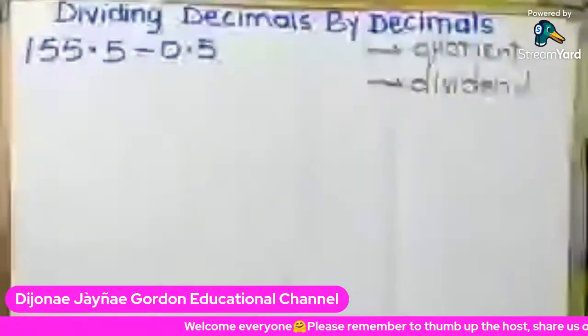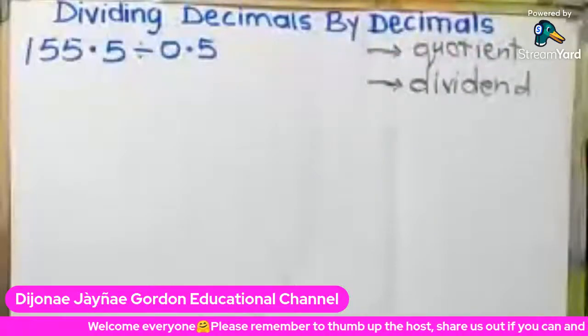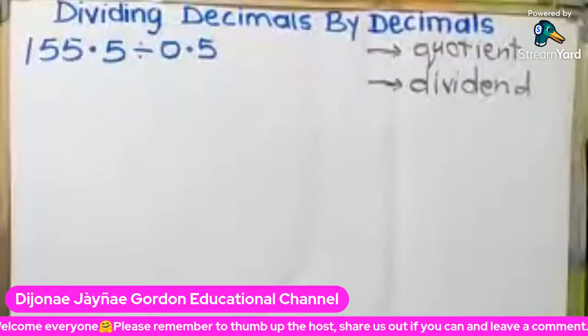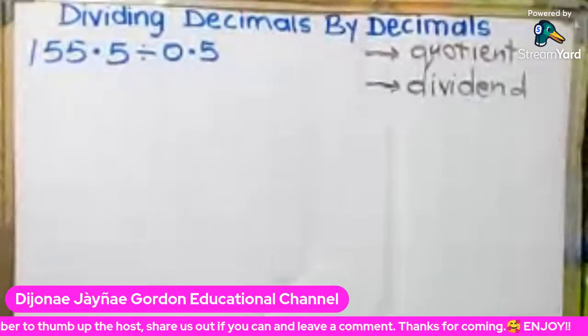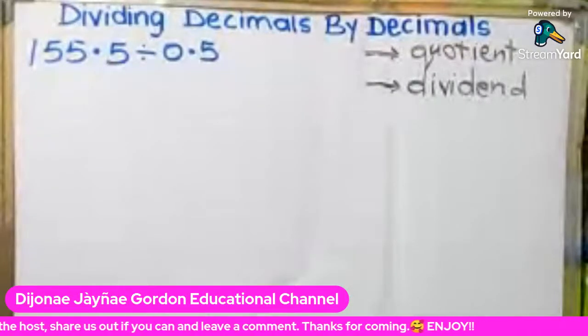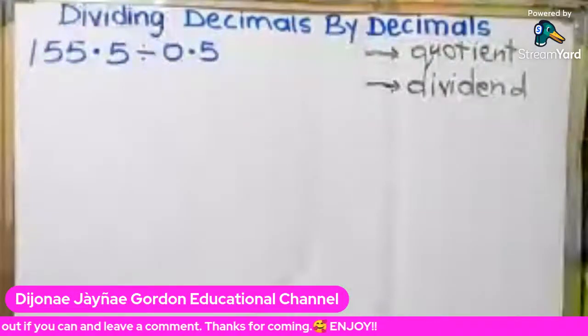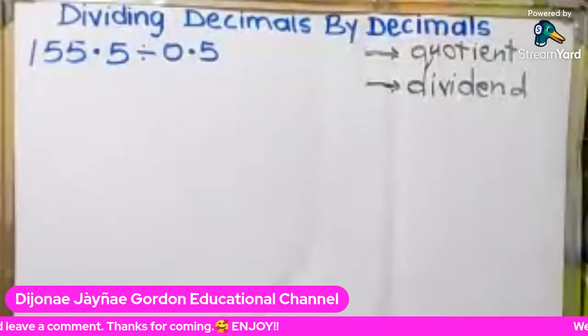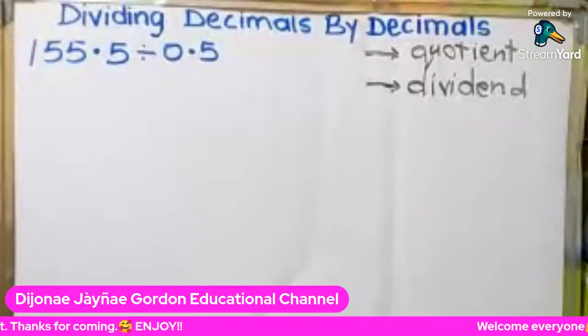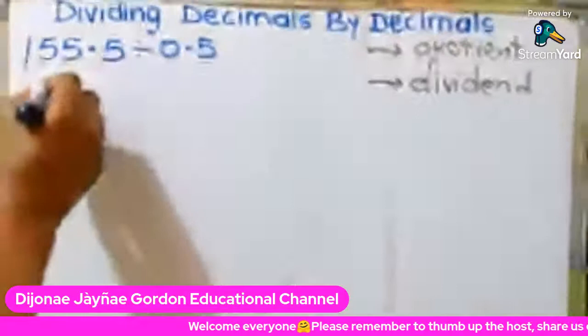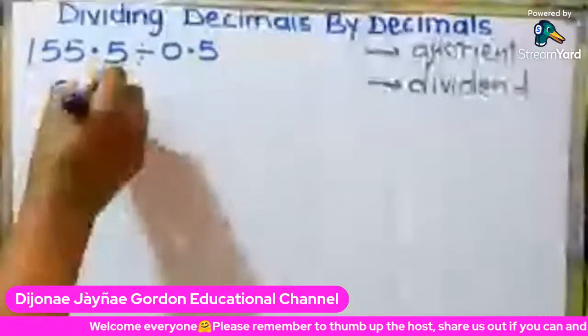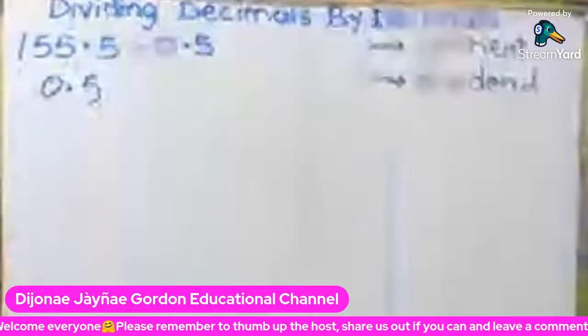So let's go right ahead and divide our problem. First, you have to identify your divisor, and of course your divisor is 0.5. All right?